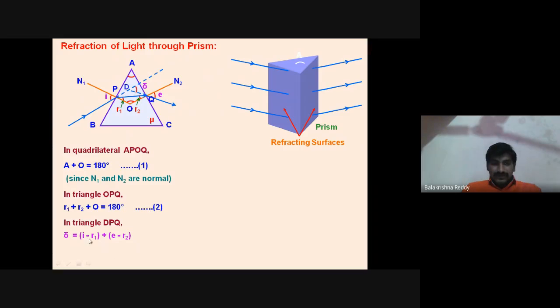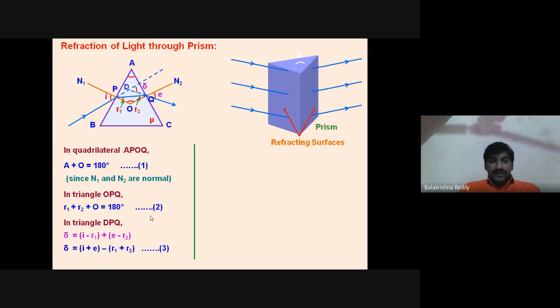Therefore, from the alternate exterior and interior angles rule, we got the deviation equal to I minus R1 plus E minus R2. This is equation 3, the most important equation. Now, equation 1 and equation 2 are both already obtained.